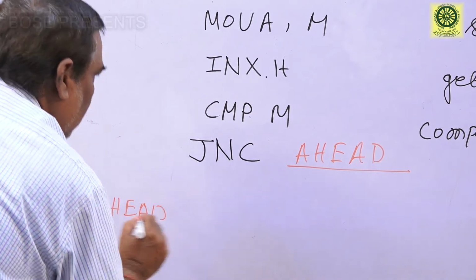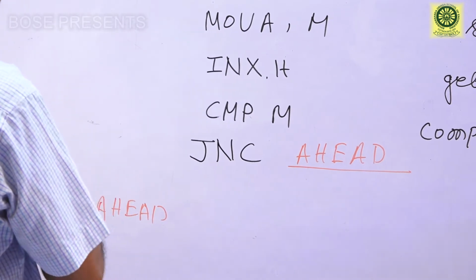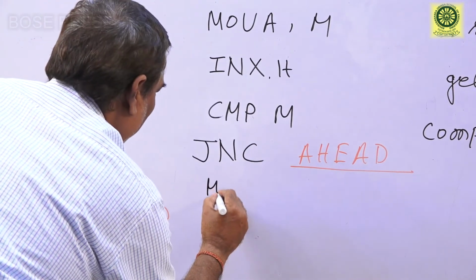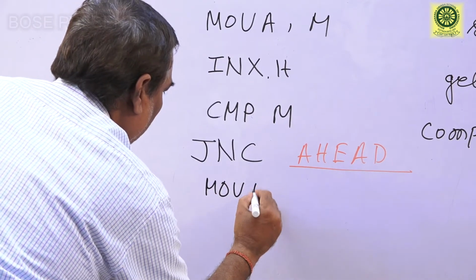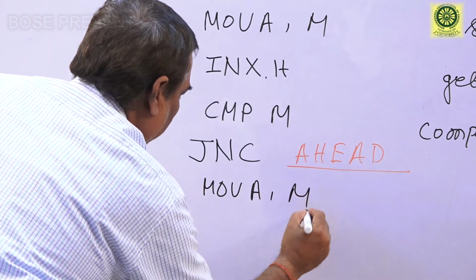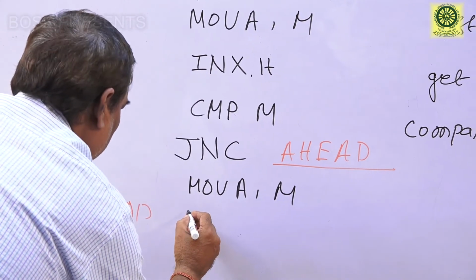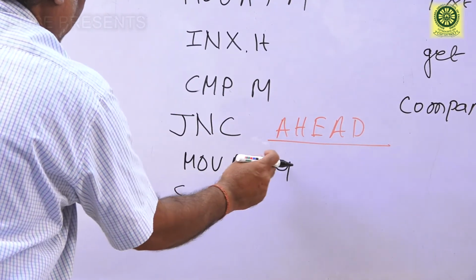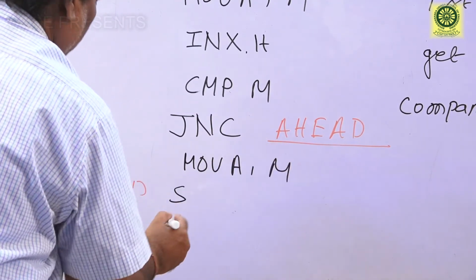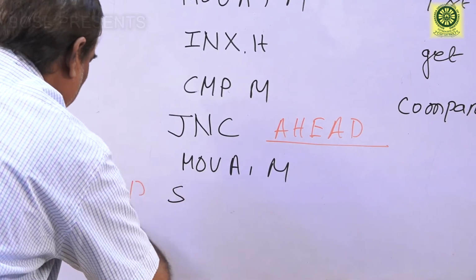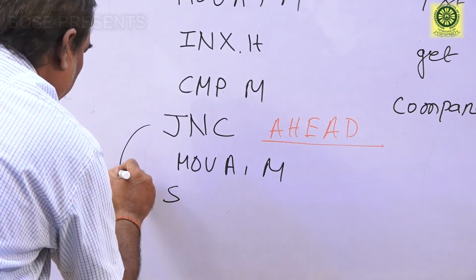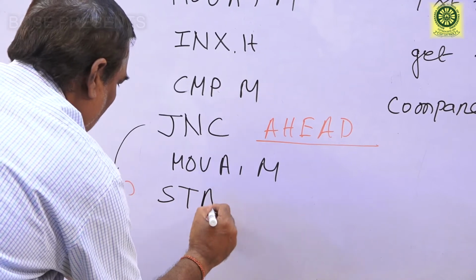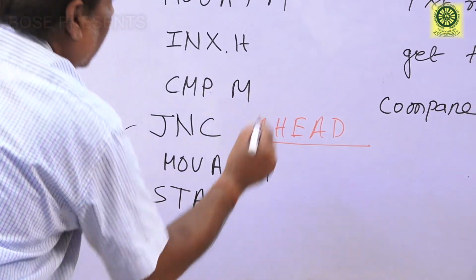Otherwise, the next instruction is carried out, that means MOV A, M. If the condition is not satisfied, this instruction is executed. If it is satisfied, it jumps to the label AHEAD, and here we store the greater number.